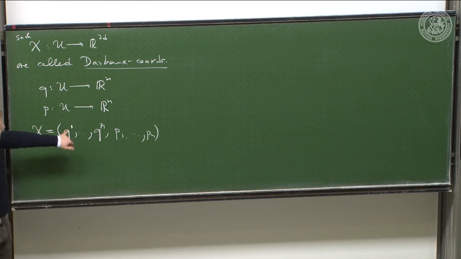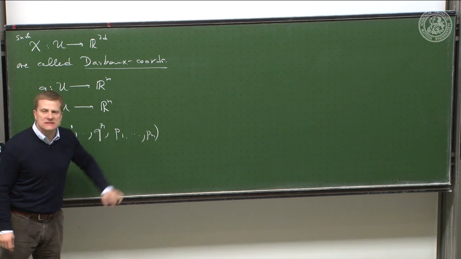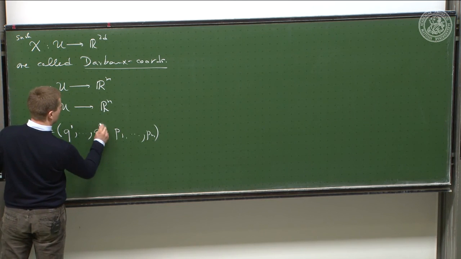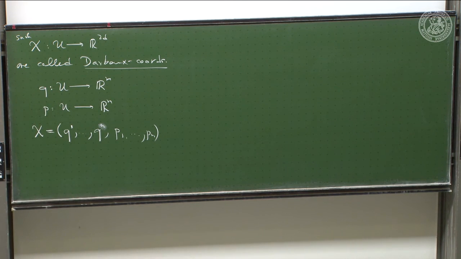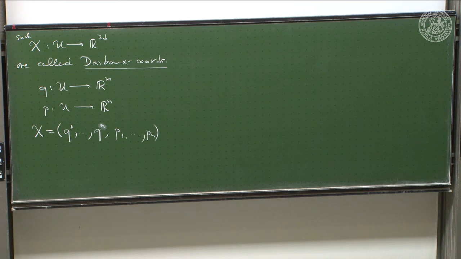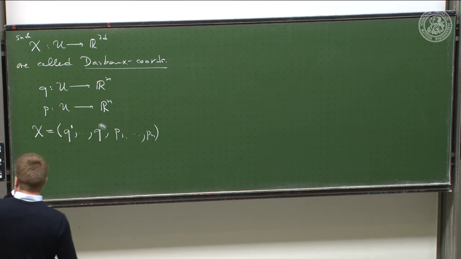Okay? And we agree to label those up and those down, and this is just a convention, but by now you have a feeling for why we would like to do that. So the usual Q-P split has to do with having these Darboux coordinates. This is just a name for these 2 different parts of the coordinates, right?